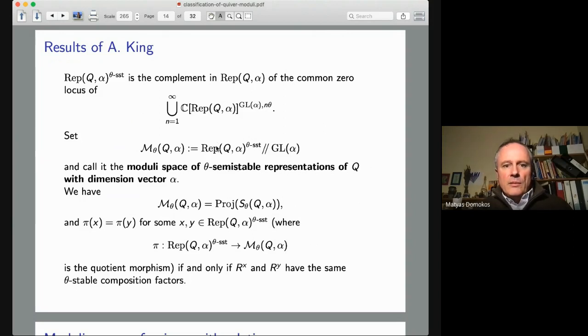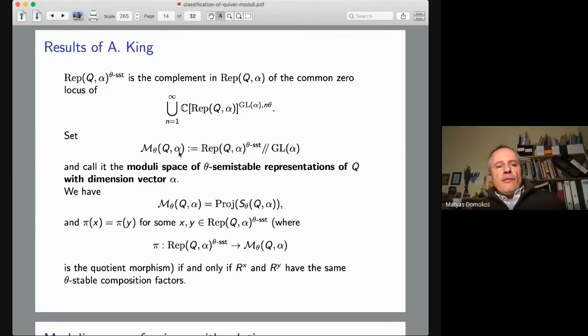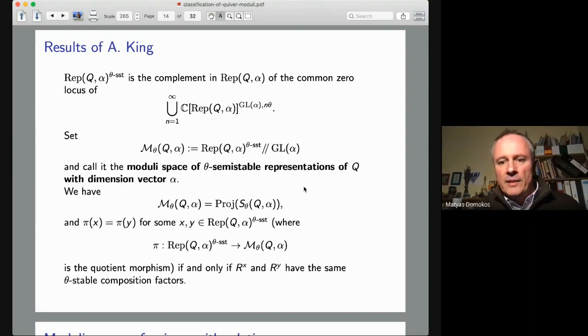And this good quotient variety, which we introduced before, from now on we shall denote by M sub theta of Q of alpha, and we shall refer to it as the moduli space of theta semi-stable representations of Q with dimension vector alpha. It's constructed as the projective spectrum of this graded algebra, whose homogeneous components are the spaces of relative invariants with weight a multiple of theta.